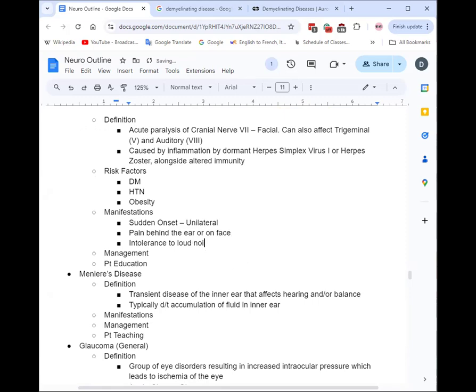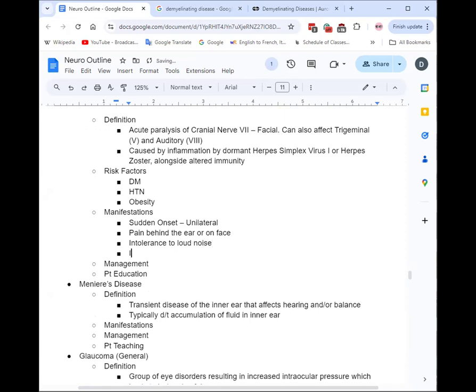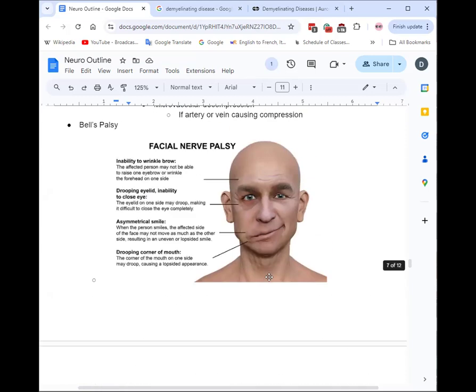Something to keep in mind is increased risk of aspiration. If you're having difficulties moving your face, think of how you would deal with a stroke patient. They have a risk of aspiration because they're having issues with their face.